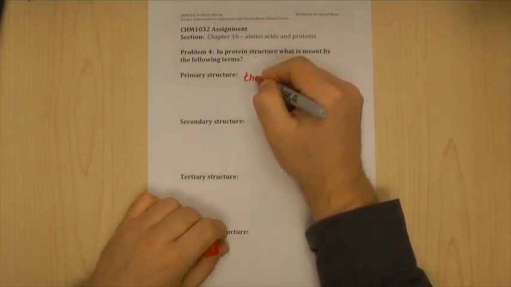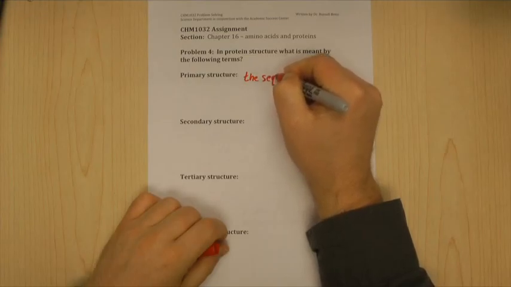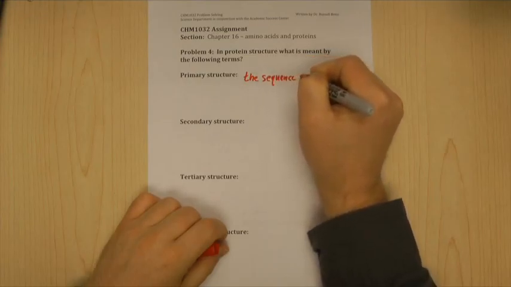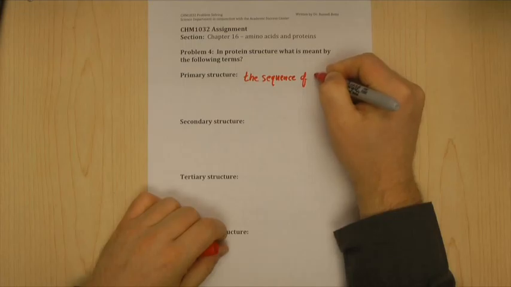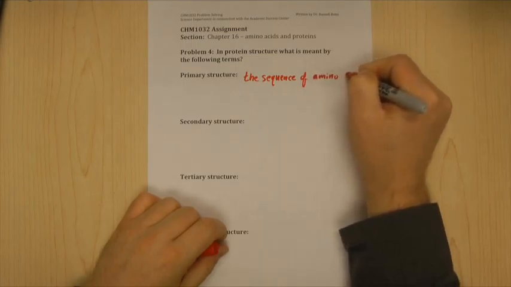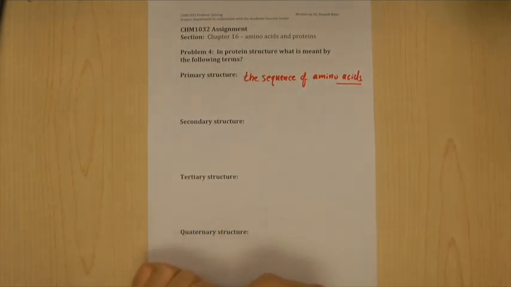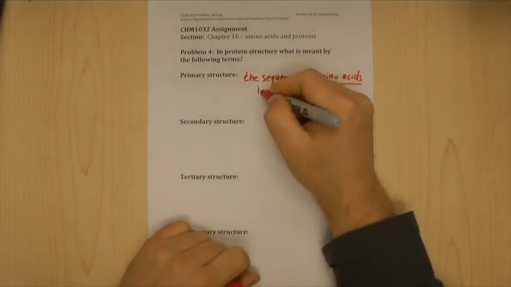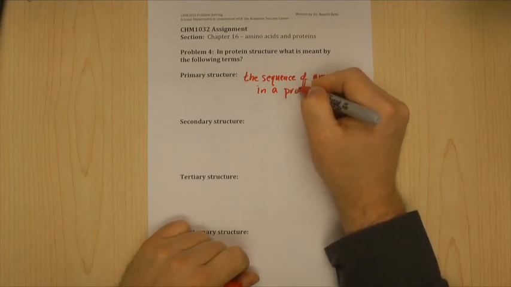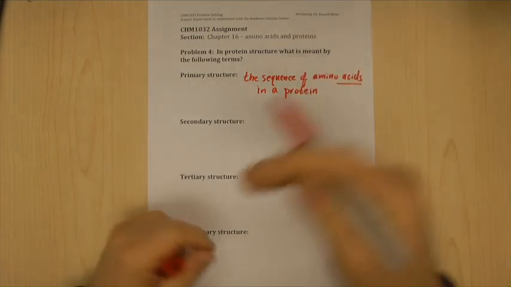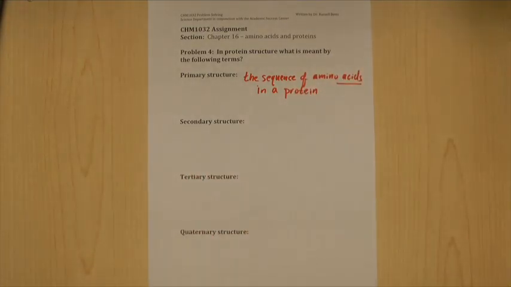So it's the sequence of amino acids in a protein, or in a peptide. It doesn't have to be just in a protein. So that's the primary sequence, just what amino acid follows what in the series.